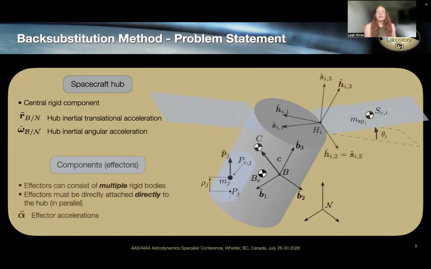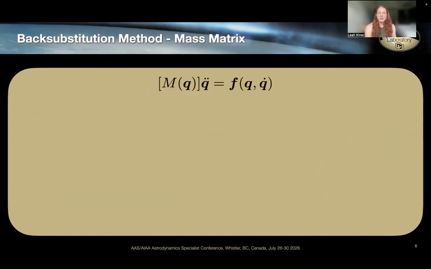And so the central assumption of this method is that other components such as solar panels, reaction wheels, or thrusters, we attach those directly to this central rigid hub structure. We also call these components effectors. And so that increases the efficiency of our simulation, which I'll show in these next few slides why that is.